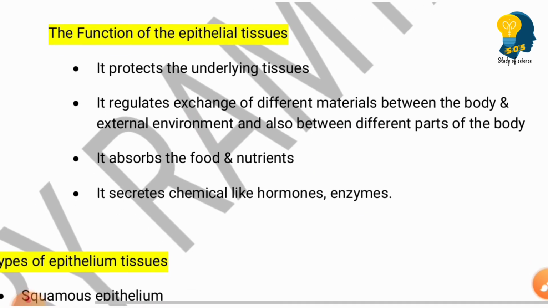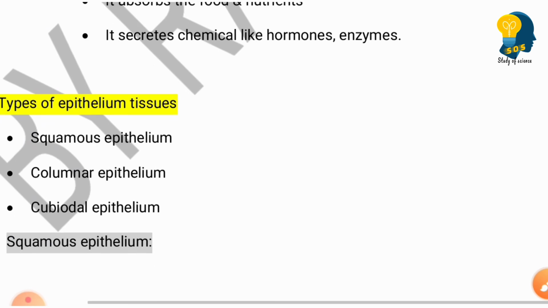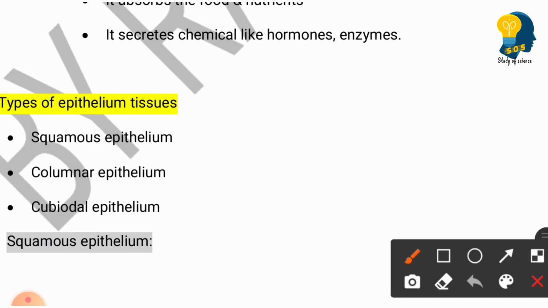Next, let us understand the different types of epithelium tissues. Epithelium tissues are classified into squamous epithelium, columnar epithelium and cuboidal epithelium. These are the three different types of epithelium tissues.